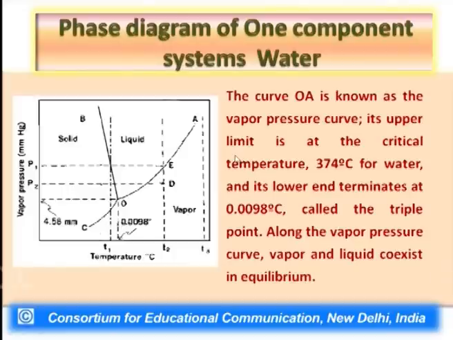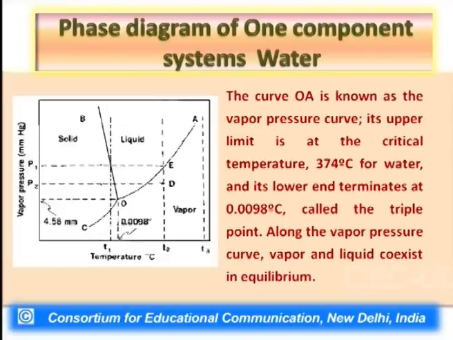Now the upper limit means the point A. How long can this curve be? What is the upper limit of the vaporization curve? The upper limit of the vaporization curve for any substance is its critical temperature.